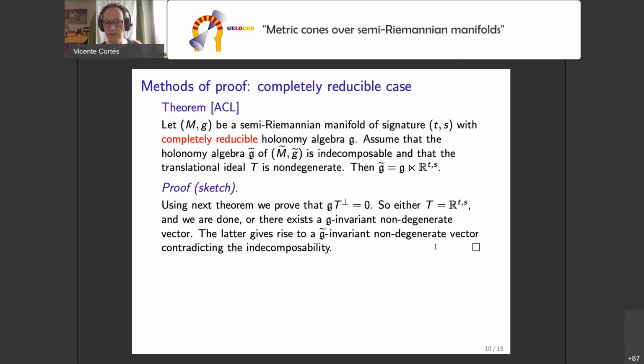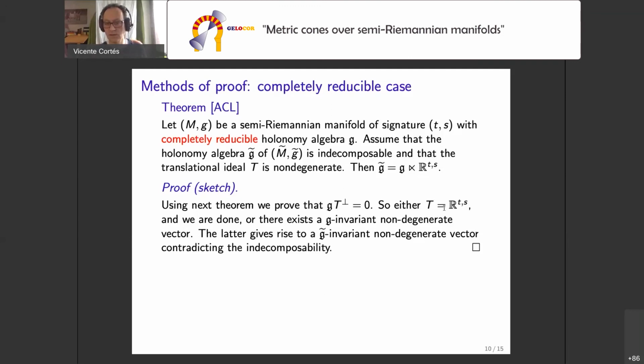We first prove that G annihilates the orthogonal complement of the translational ideal. It's not at all obvious, but we prove that G acts trivially on the orthogonal complement of the translational ideal. Then we can distinguish two cases.